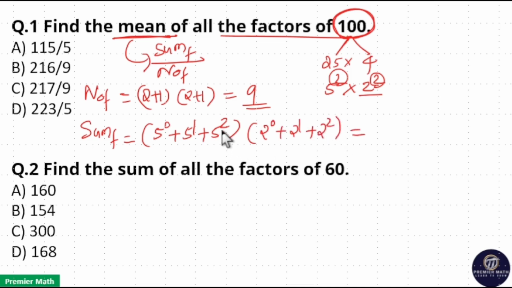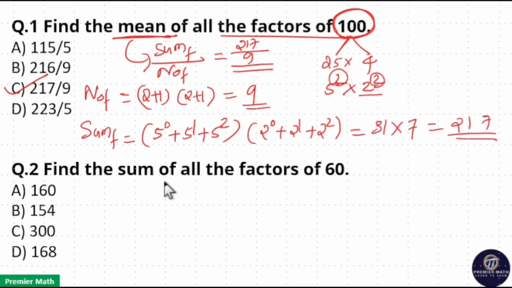Now this is equal to 25 plus 5, 30, 30 plus 1, 31. 31 into 4 plus 2 plus 1 is 7. So 31 into 7 is equal to 217. Then mean of factors of 100 is equal to 217 divided by 9. Option C is your answer.